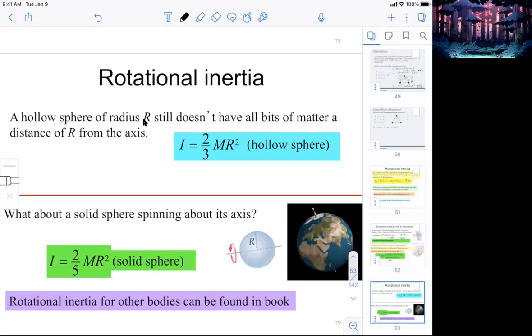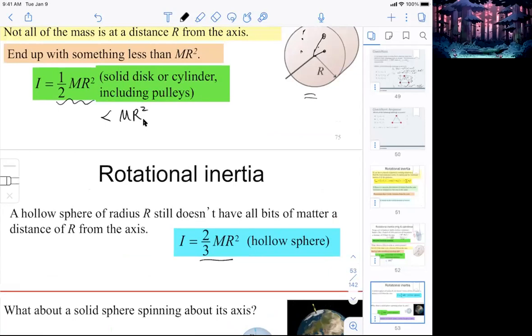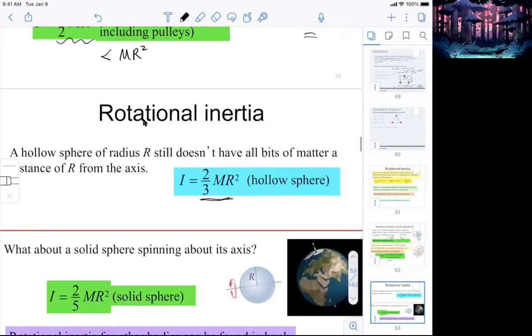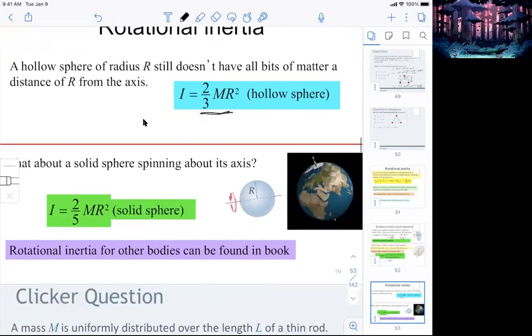It's 2/5 of M r squared. If you compare this with the ring, it's smaller again, because not all of the matter is a distance r away from the center. All of this can be derived by doing integration.